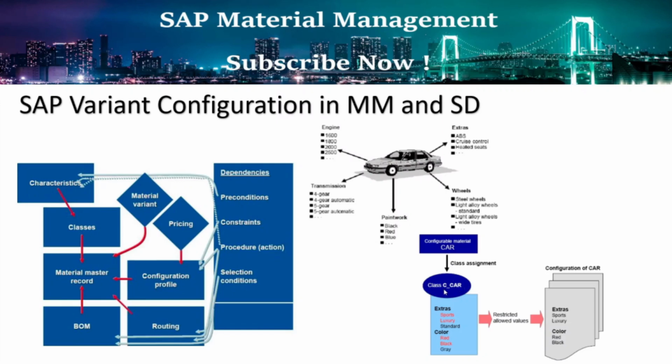And we know that inside the class, we will have to define all our characteristics. In this case, we can see here, for example, engine, extras, wheels. These are the characteristics that are linked to the class. And each characteristic will have different values.